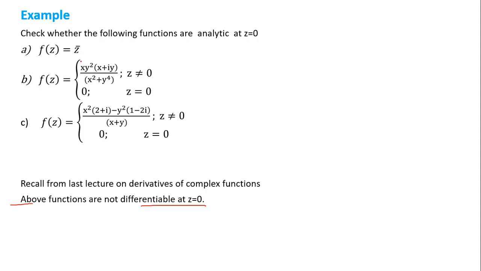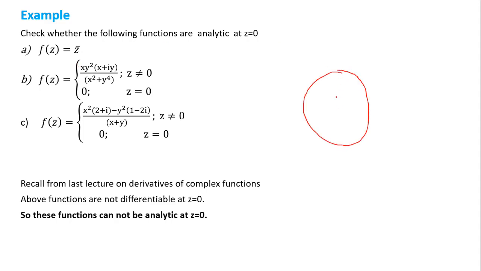Then can I say these functions are analytic at z equal to 0? No, since they are not differentiable at z equal to 0. For analyticity, the function has to be differentiable at that point as well as at the neighboring points, but the function is not differentiable at that particular point, so it cannot be analytic there.